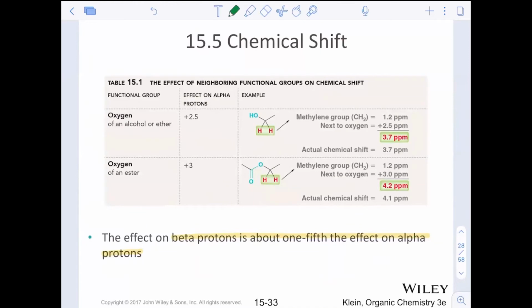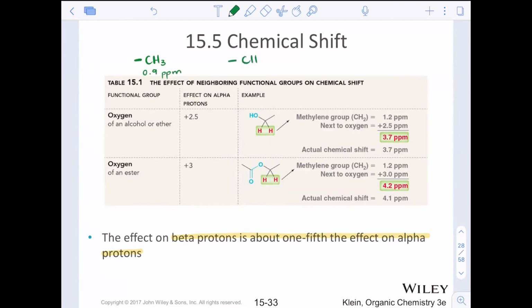Now, with predicting chemical shifts, what we want to be able to say is that certain protons start at a specific position. Technically, what we're going to be looking at is that a CH3 group typically starts at around 0.9 ppm.